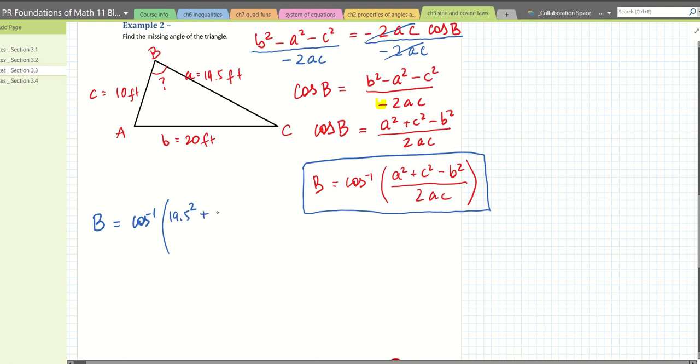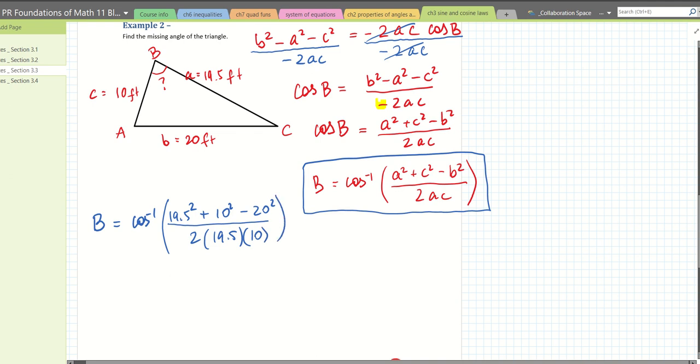Plus c squared, which is 10, and minus b squared. So b is 20, so minus 20 squared over 2 times a, which is 19.5, times c, which is 10.